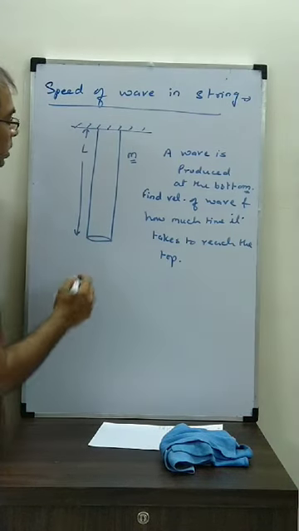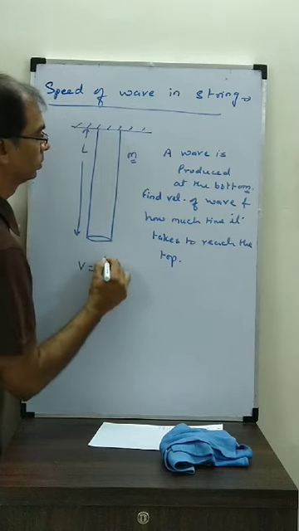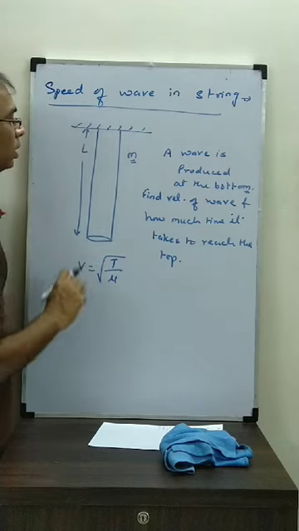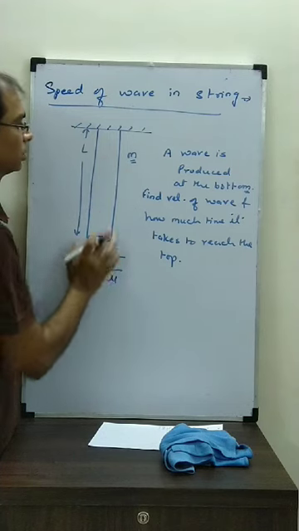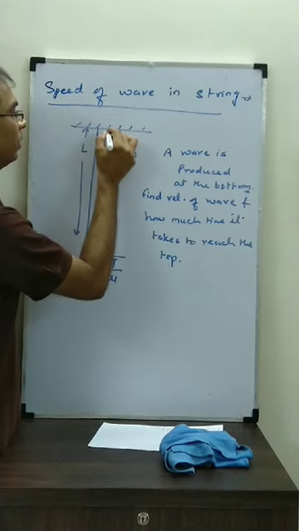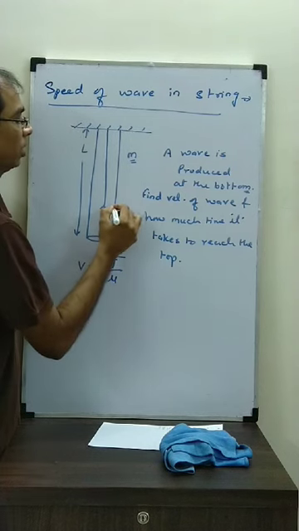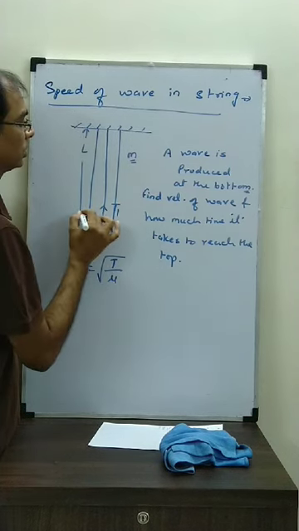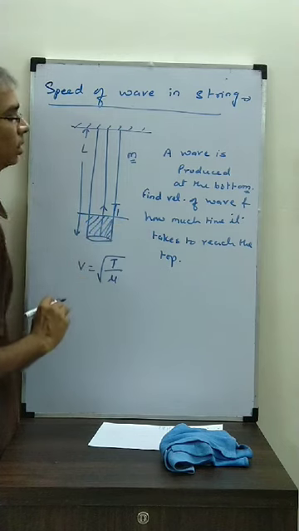Now we know that the speed of the wave is given as root over T by mu. Now, because there is no mass suspended, only the string is having mass m. What will happen? The tension at every point in this string is different. Why? Because if I talk about tension at this point, this tension is because of this portion of the string.